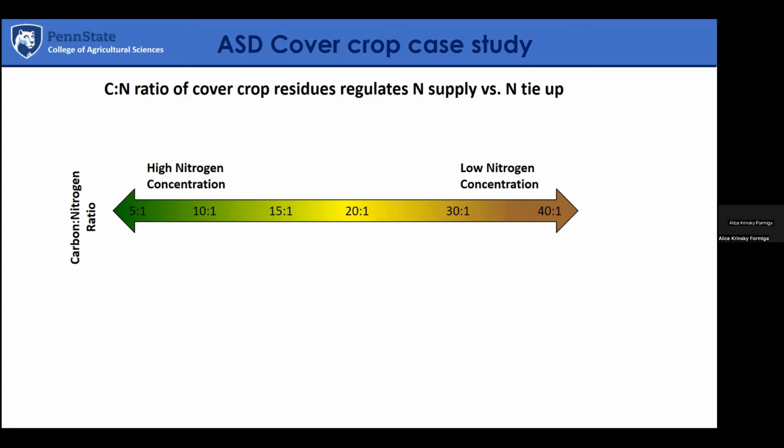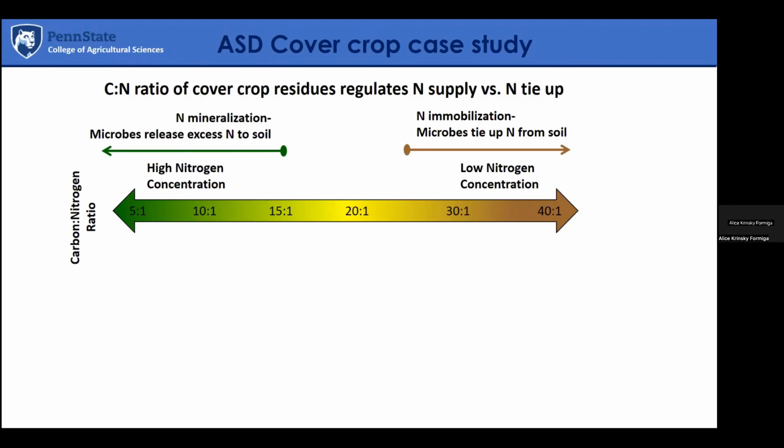The high C to N ratio means a low nitrogen concentration. And that low C to N ratio tends to have microbes release excess nitrogen to the soil. And the high C to N ratio is associated with microbes tying up nitrogen in the soil. And then our neutral point on the spectrum is about 20:1 for the C to N ratio.